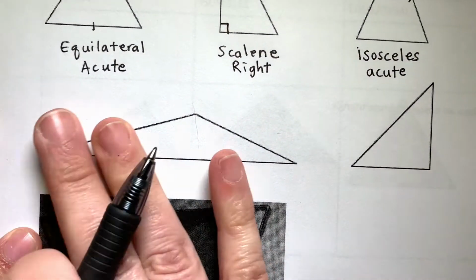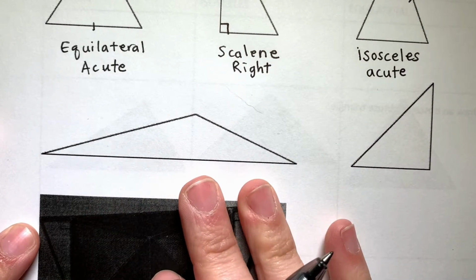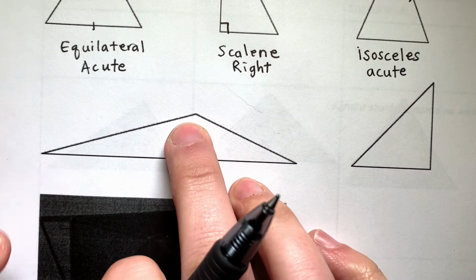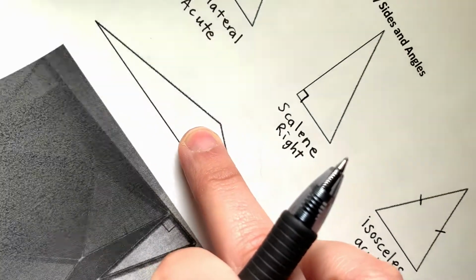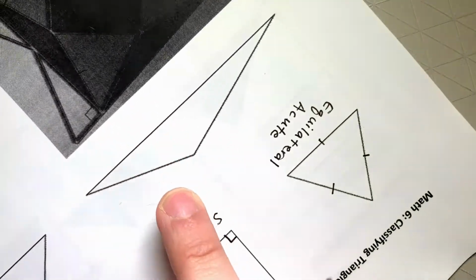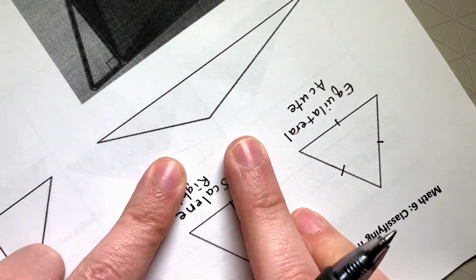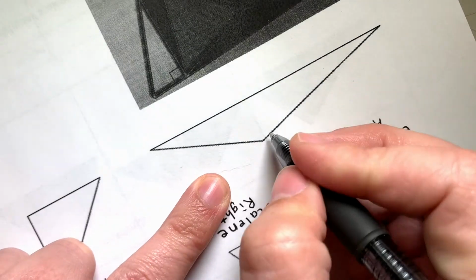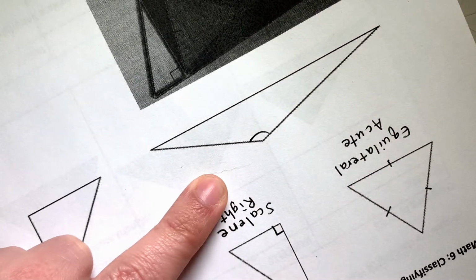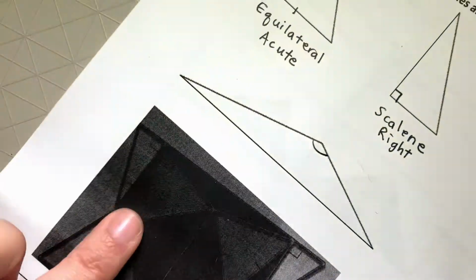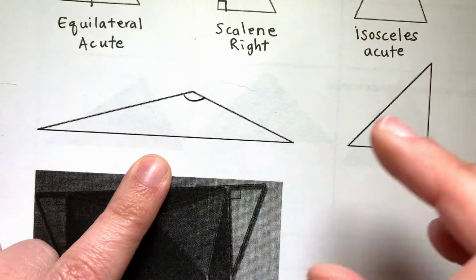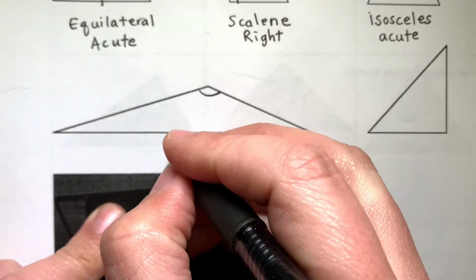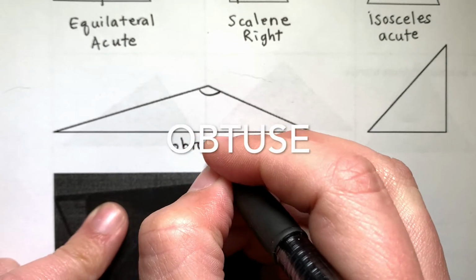Looking at this guy, oh my goodness, well, there's no tick marks, and right away I see this giant angle, and you can always tilt your paper to get a better idea of the angle. So if I tilt it like this, look at that angle. Oh my gosh, it is so much bigger than 90 degrees. So if I have an angle that is greater than 90 degrees, that means it is obtuse.